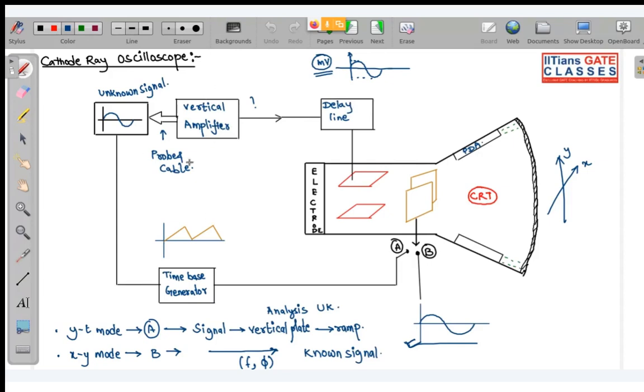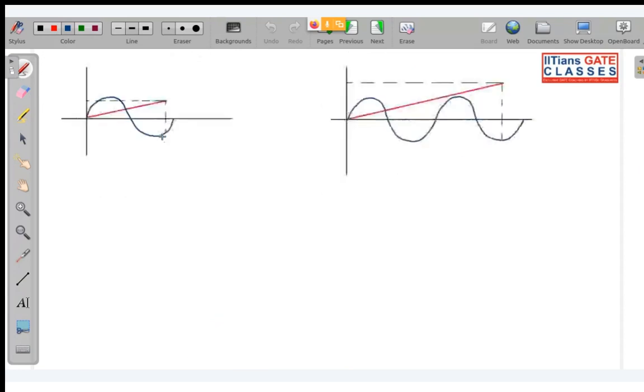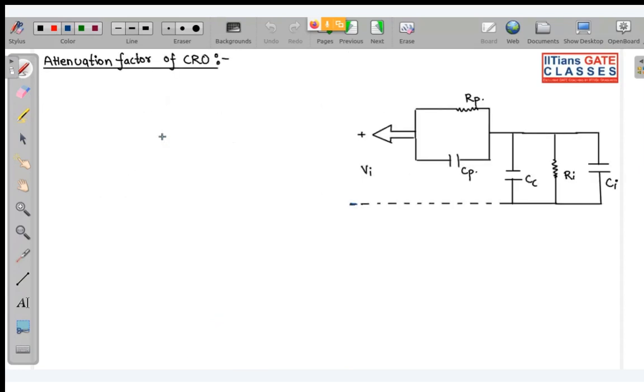Even this probe and cable. Let me show you the circuit representation of probe and cable, RP and CP: a resistance and capacitance in parallel.